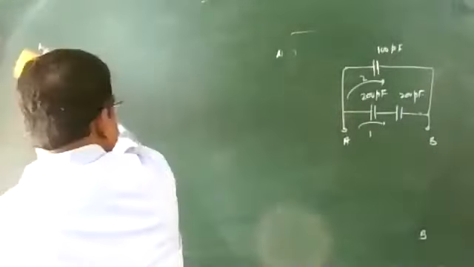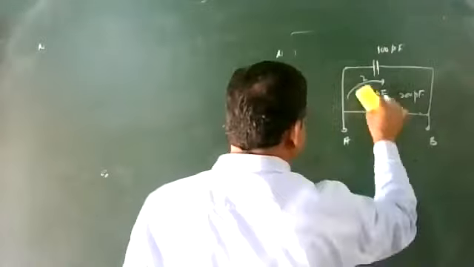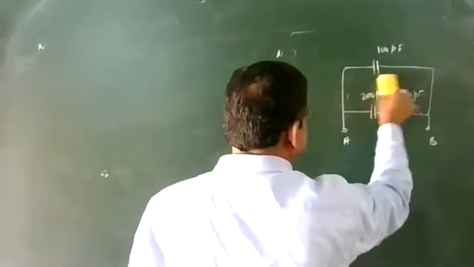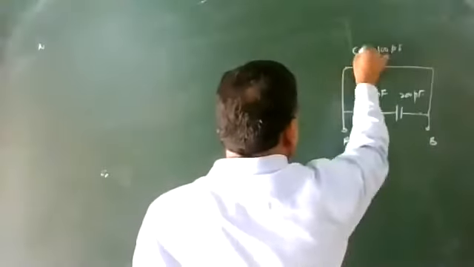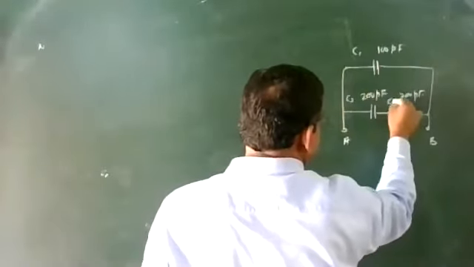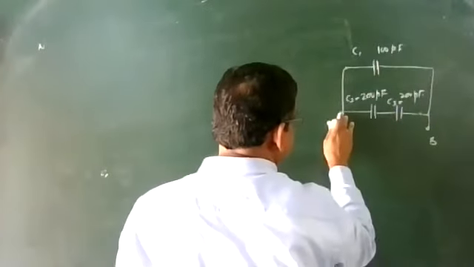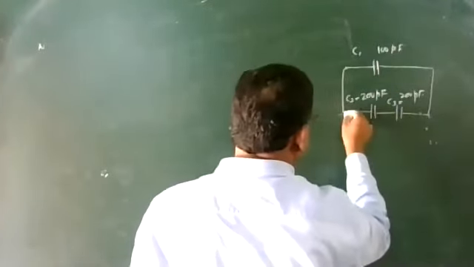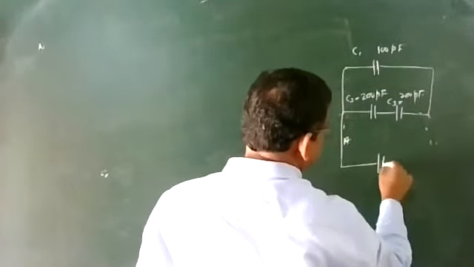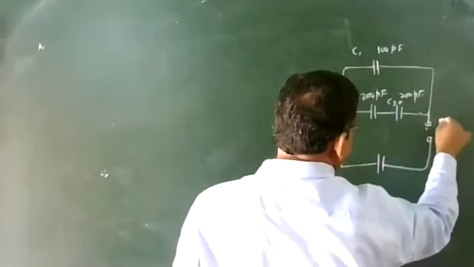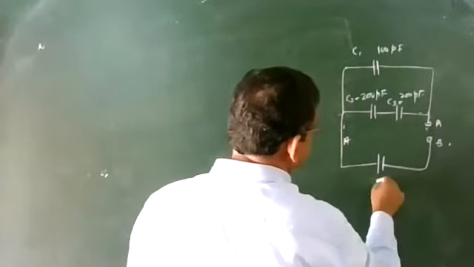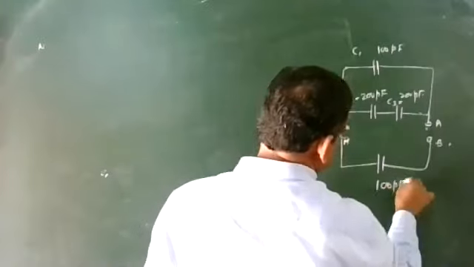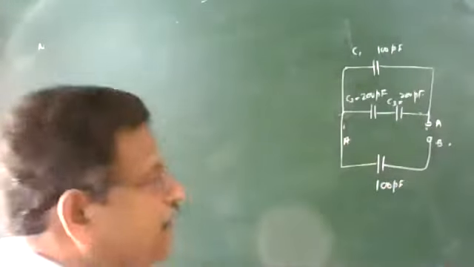So the basic is this: C1, C2, and C3. 100 picofarad is also given there.